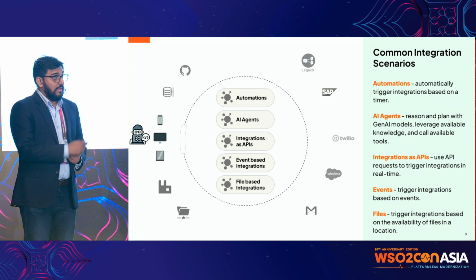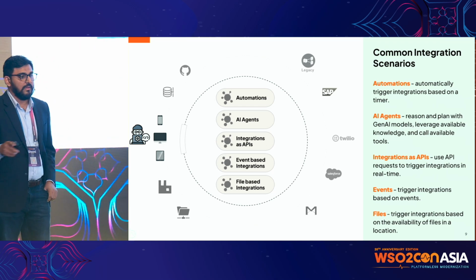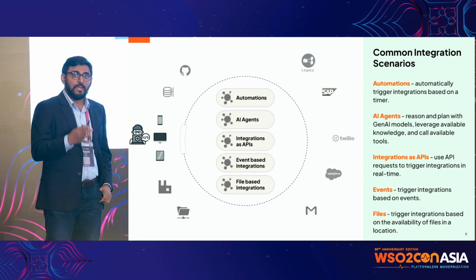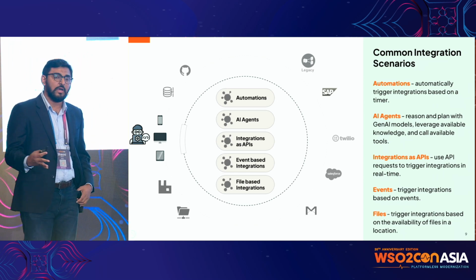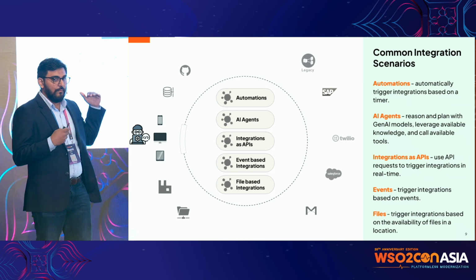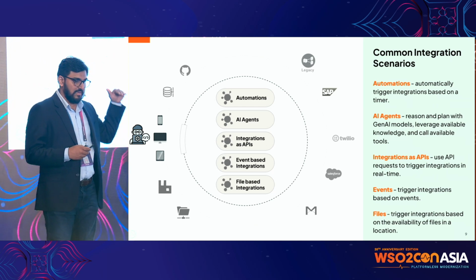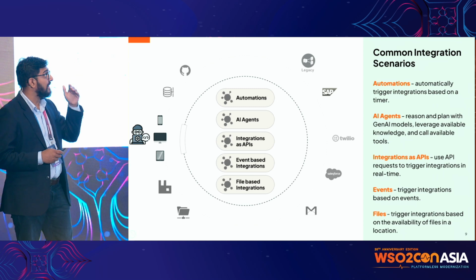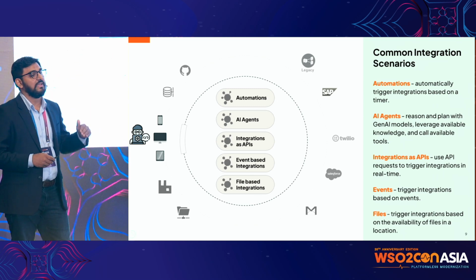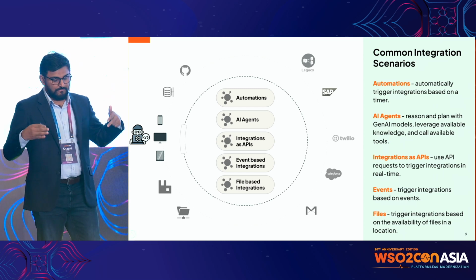Again, this slide you would have seen multiple times in our track and other sessions as well. You have to identify your common integration scenarios when designing your integrations. At a very high level, what we see integration entailing in enterprises can be categorized into automations and AI agents, because AI is now a very important topic.